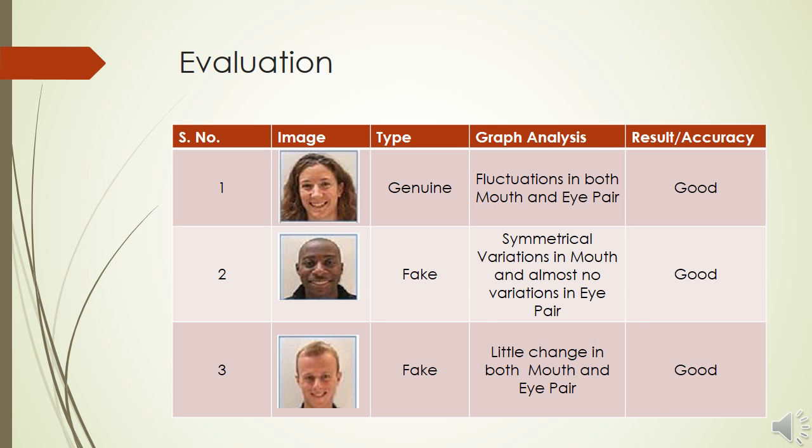And the third one, which is a fake smile, shows little change in both mouth and eye pair. So definitely a fake smile. This is how we can go through all the different results and compare the difference between genuine and fake smiles.